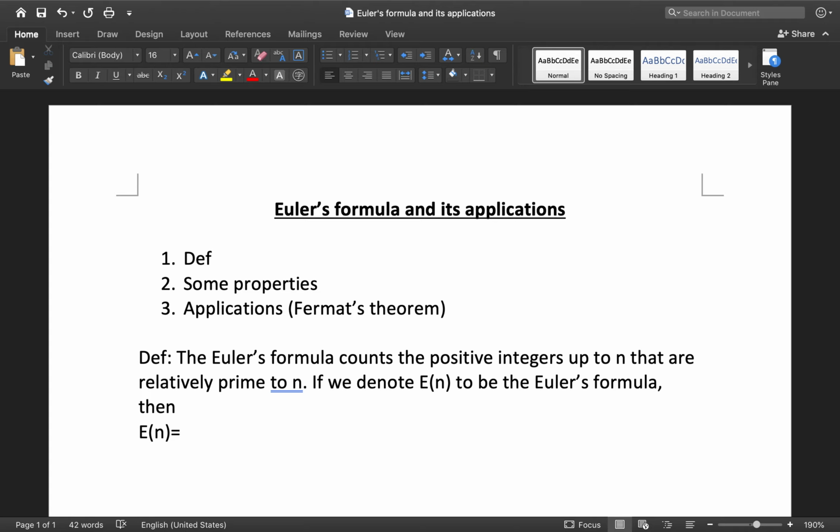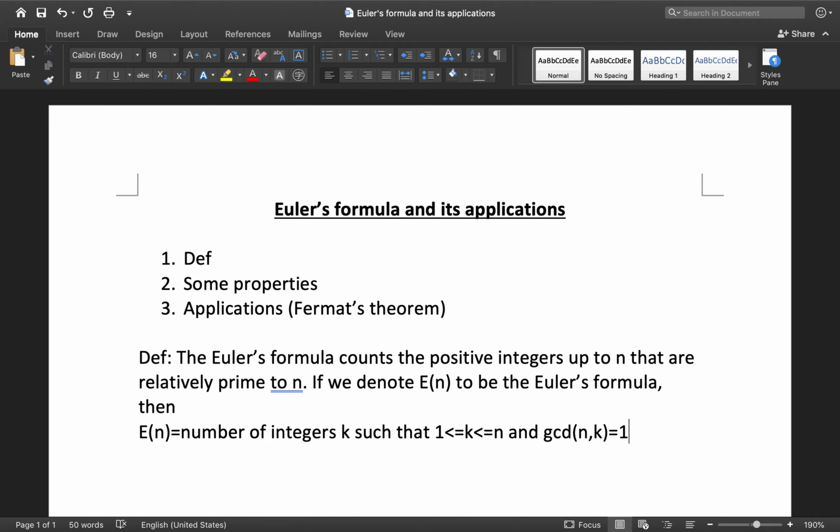This En is nothing but the number of integers k such that 1 is less than or equal to k, k is less than or equal to n, and also GCD of n and k has to be equal to 1.